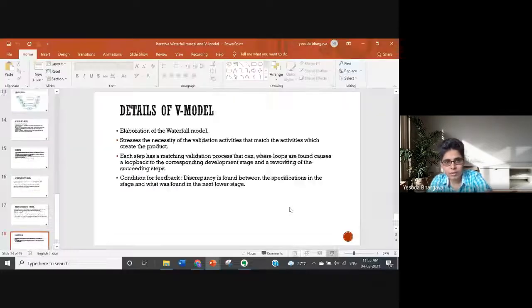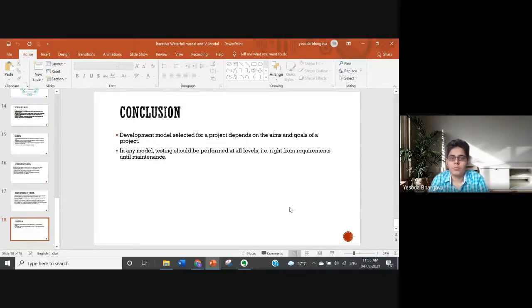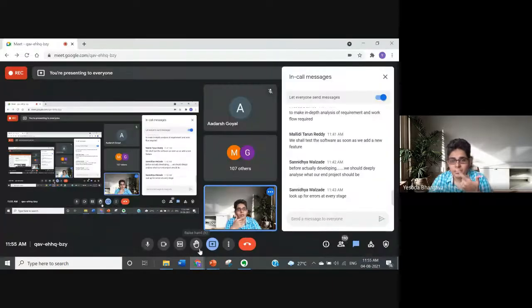So, in today's class, I hope I was able to provide you a brief overview of how to do risk assessment in a spiral model, the iterative model, and how it is different from the waterfall model, what the advantages are, and again the V model of the software development lifecycle.